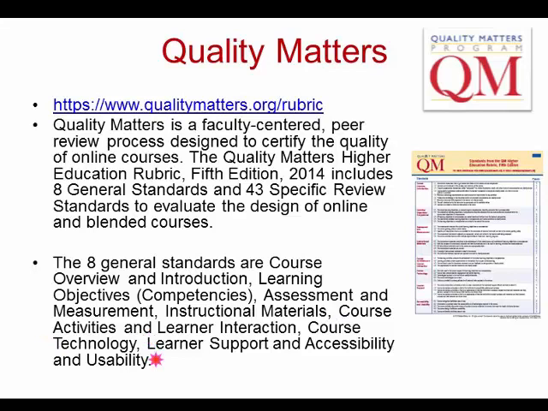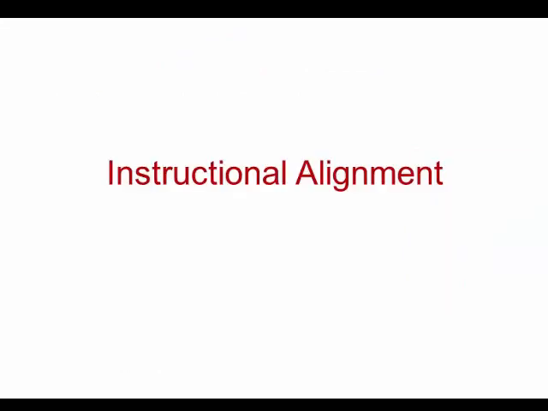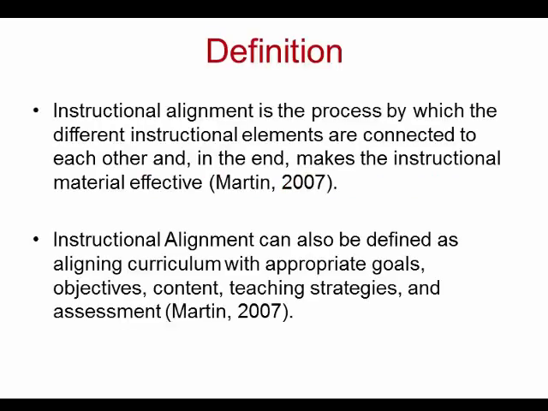Those are the 8 standards. Again, I'm not going to spend time today talking specifically about all 8 categories, but they are very important. So with that introduction, we know that there are several initiatives in place. There are standards that we can rely on to implement and enhance quality in our online courses.